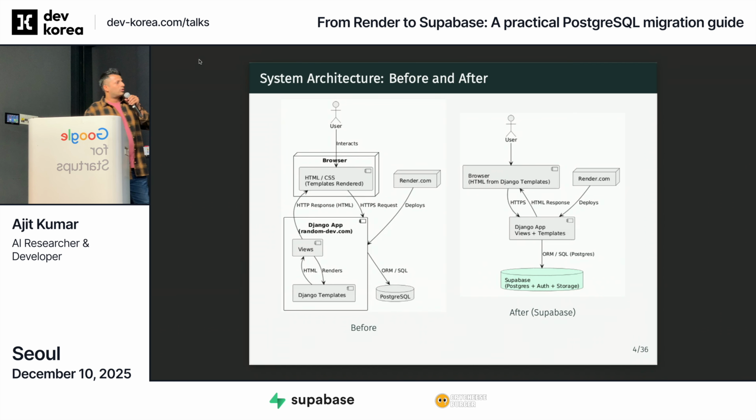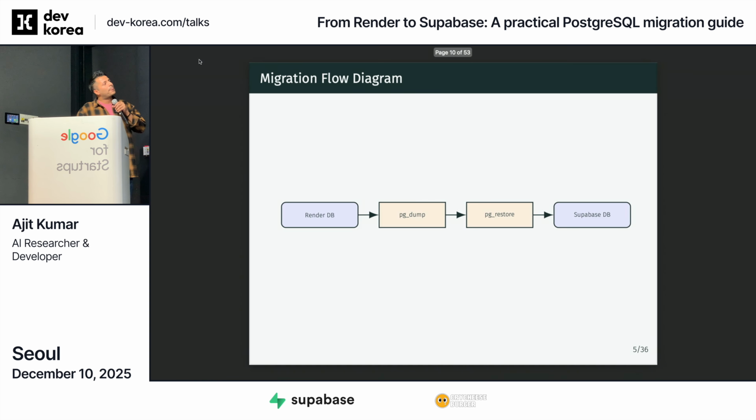In this case, I am not using Supabase authentication or storage, just pure Postgres, because we have implemented everything already in the Django app, so we don't need built-in authentication. But in other apps we are using authentication, which is very fast to develop using Supabase.